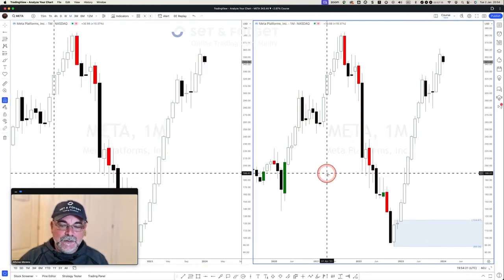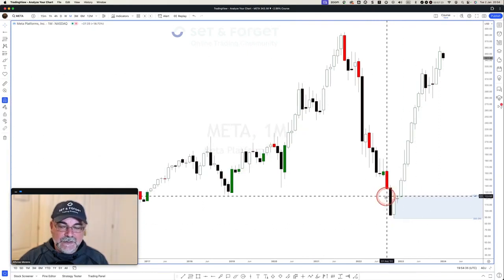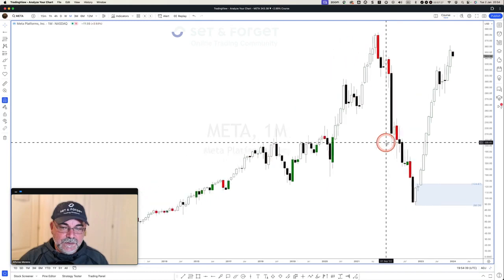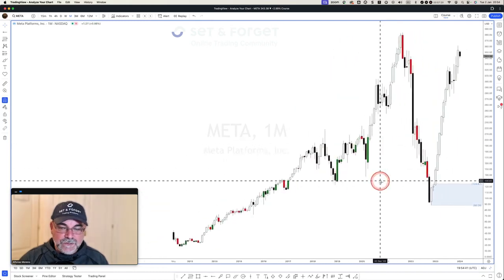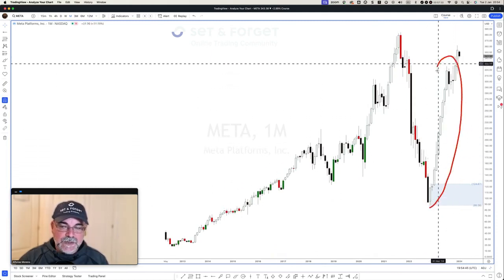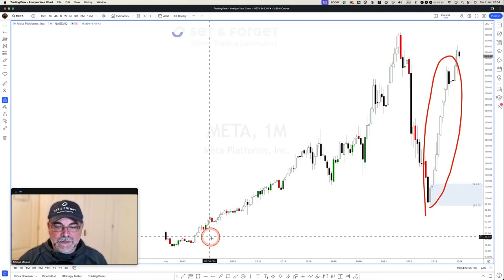So now on the weekly time frame, if it ever gets down there, insane. That's the strongest imbalance ever. Look at this rally. There's nothing like that anywhere on the monthly time frame.